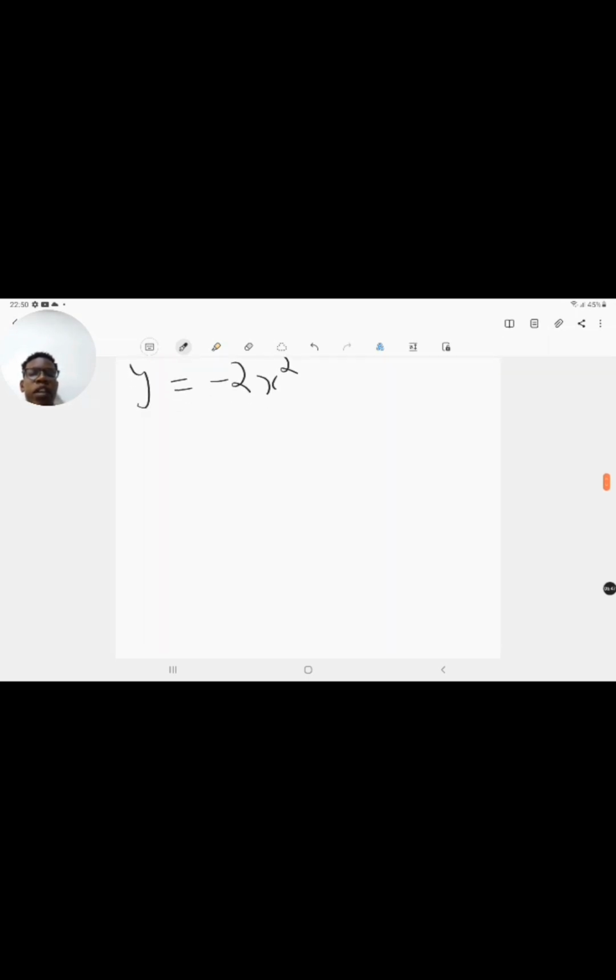There's no space to write it, so I'm going to erase this and write in the standard form first before I write down the example. So our standard form is y is equal to ax squared plus bx plus c.